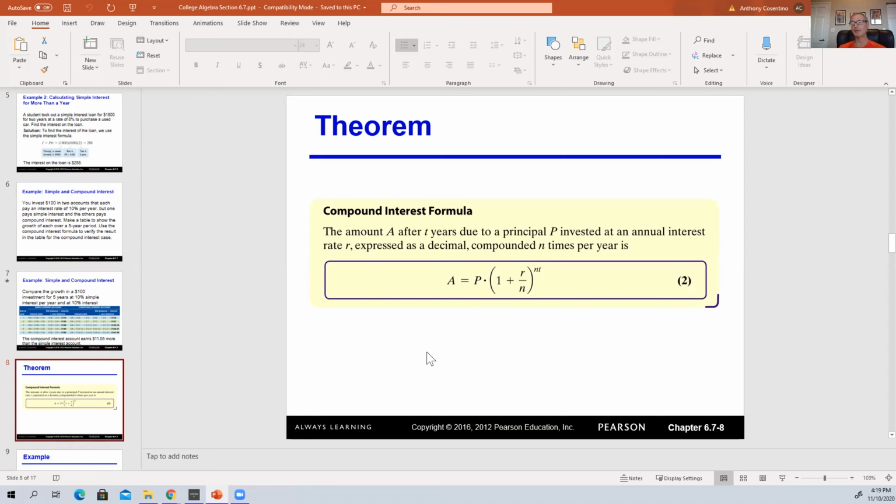And so if you have a fraction of a year, make sure you put in a fraction for that as well. So what do we mean by this compounding? Well, if we think about it, there are a few typical compounding periods.